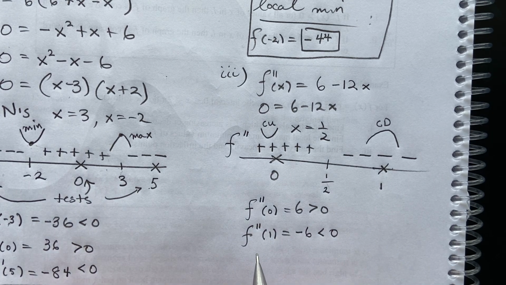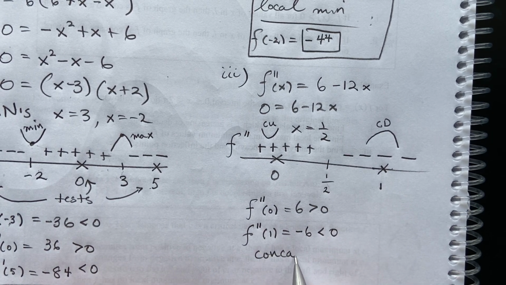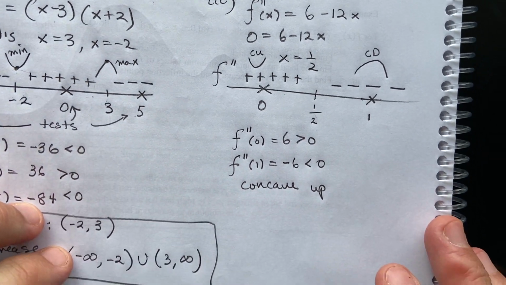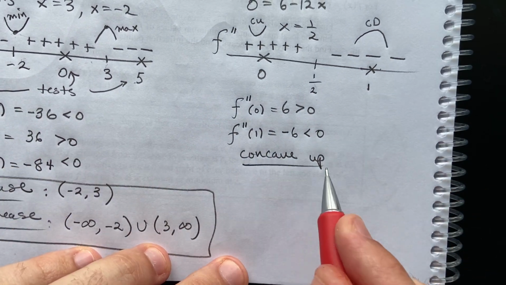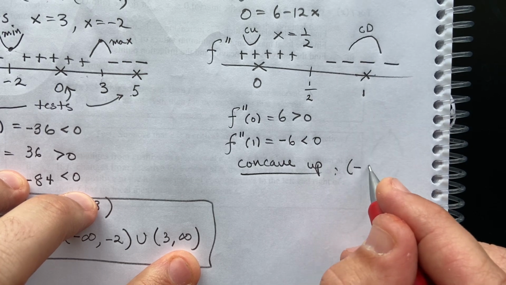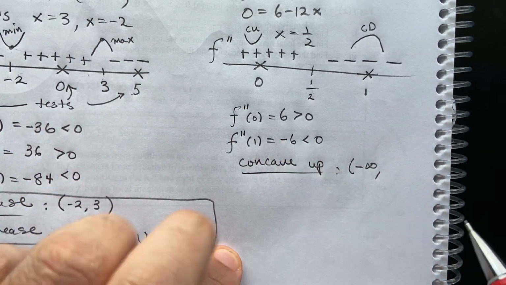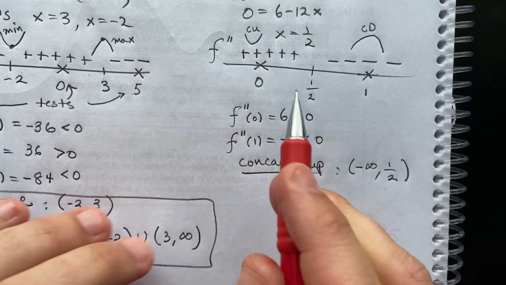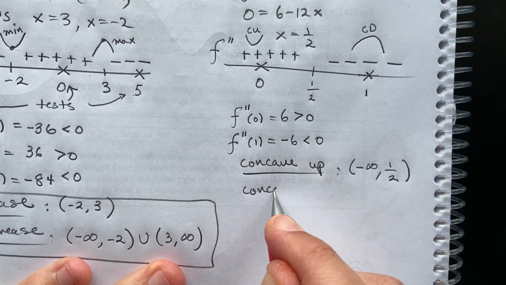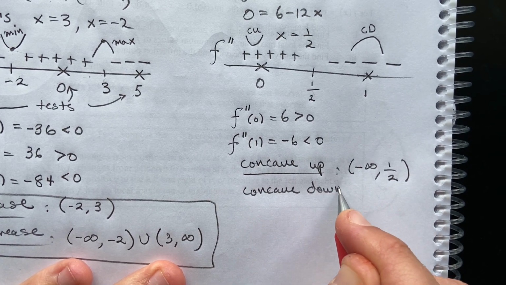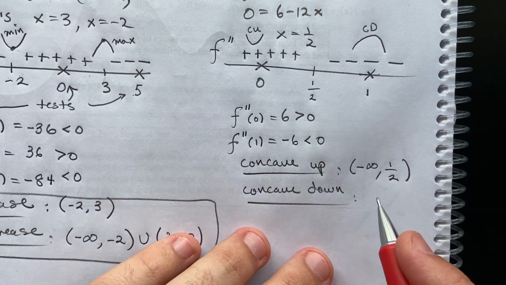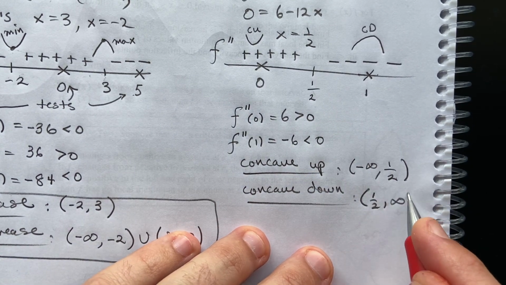So here we are, we have concave up, from -infinity to 1/2, right? Any positive region means concave up. Concave down, any negative region is concave down, so I have from 1/2 to infinity.